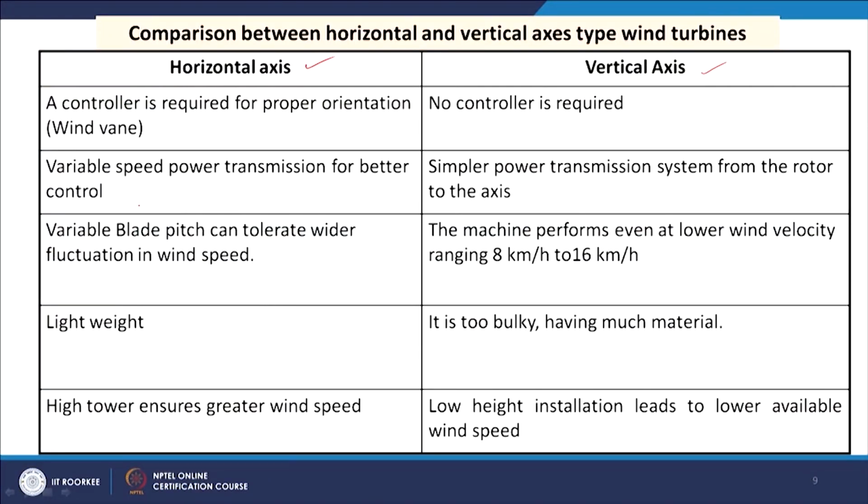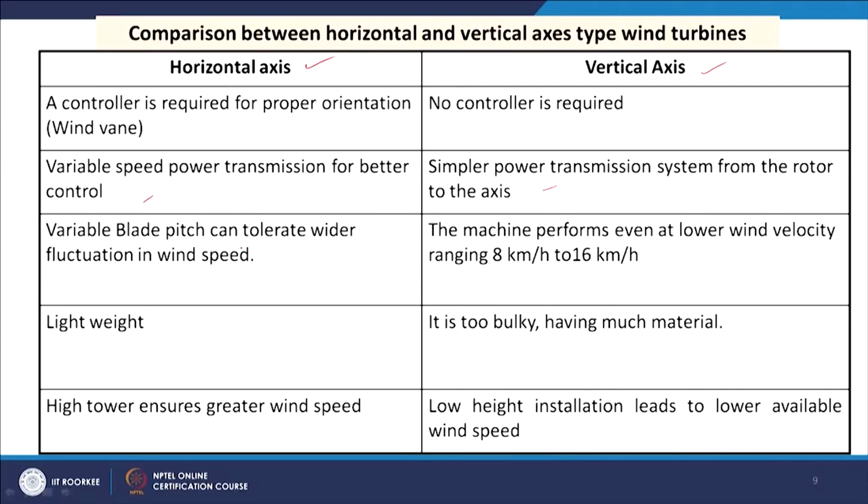And then variable speed power transmission for better control, and a simpler power transmission system from the rotor to the axis. Variable blade pitch can tolerate wider fluctuations in wind speed in case of horizontal axis machines, and for vertical the machine performs even at low wind velocity ranging from 8 km per hour to 16 km per hour. The horizontal axis is lightweight and the vertical axis is bulky, having much material.